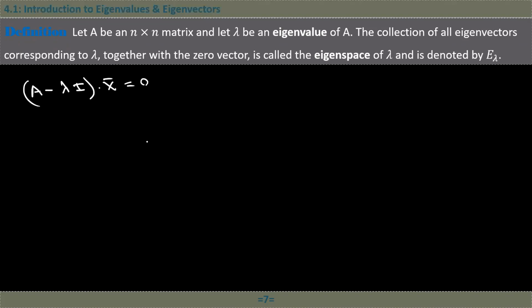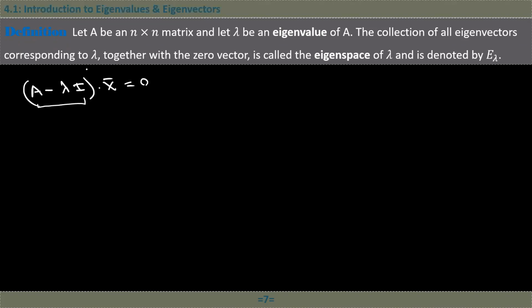We are looking for non-zero solutions. Non-zero solutions mean solution vectors in the null space. That gives us the eigenspace. So it follows that the set of eigenvectors together with the zero vector in Rn, or here in R2, is the null space of A minus lambda I.